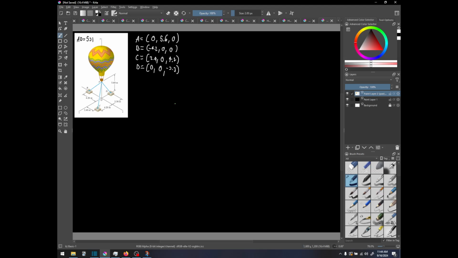Now what we can do is we can make the cables, so we can make the vectors. We're going to have vector AB, AC, AD.